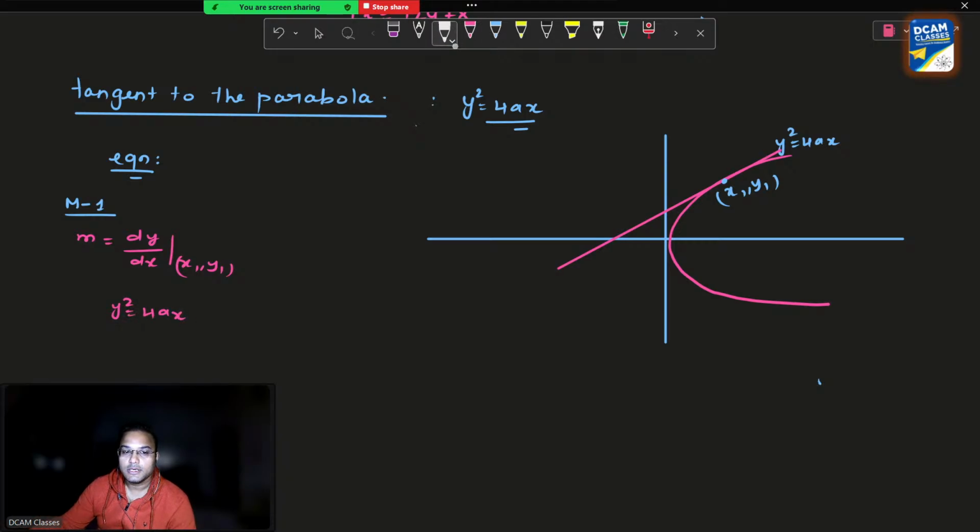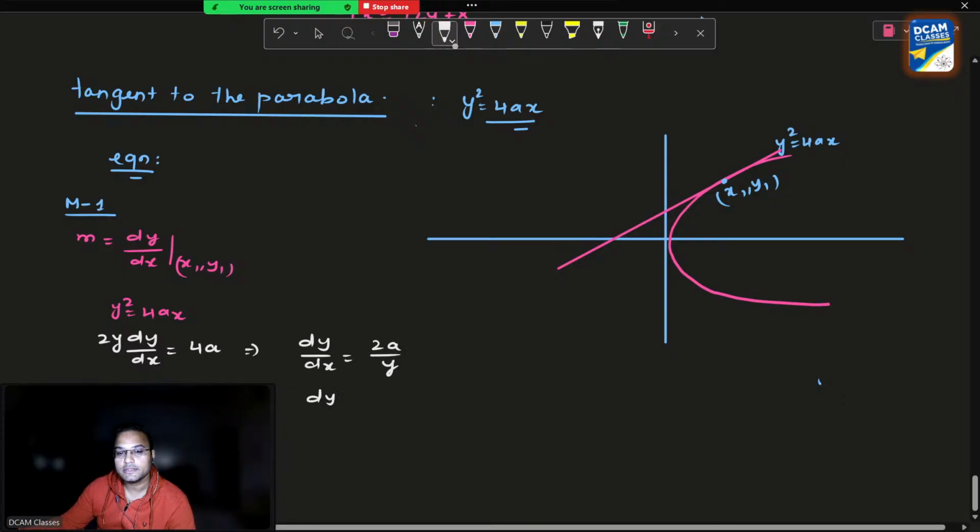Once differentiated, 2y dy by dx will be equal to 4a. So you'll get dy by dx is equal to 2a by y. But you have to find out dy by dx at (x1, y1), which gives you the slope. So it will be 2a by y1.